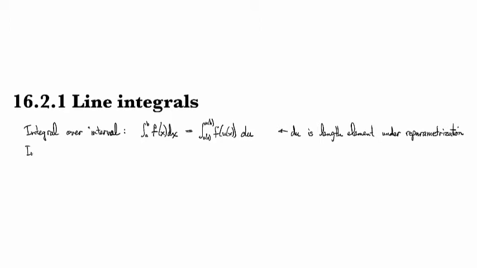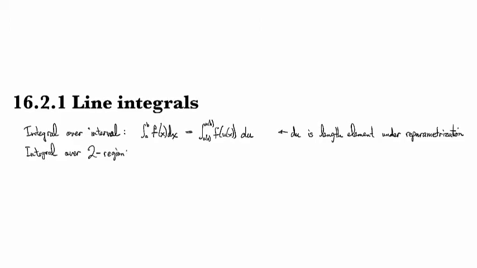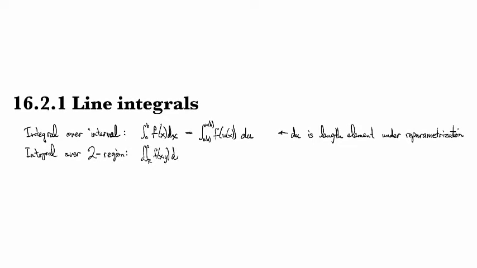Then we also have the integral over a two-dimensional region. I'll just call it a 2 region for short because I'm lazy. So this is the integral over R of now 2 variables, with respect to d area, some area element.